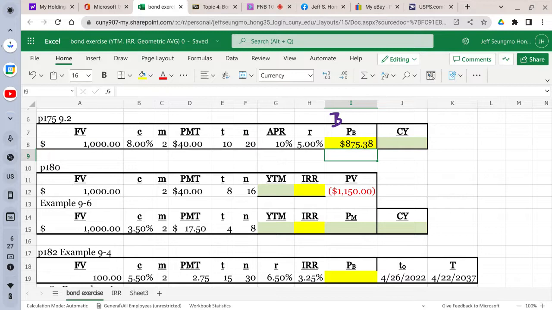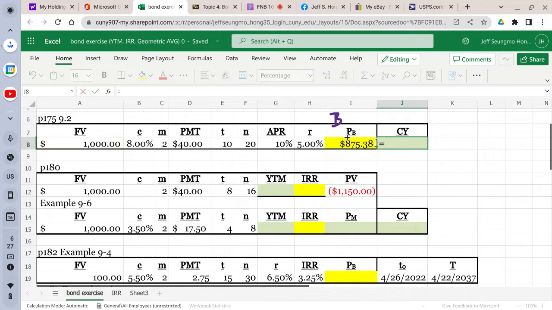Okay, then the current yield: the annual coupon payment, we already know, is this times 2, or originally this times this, the same thing.